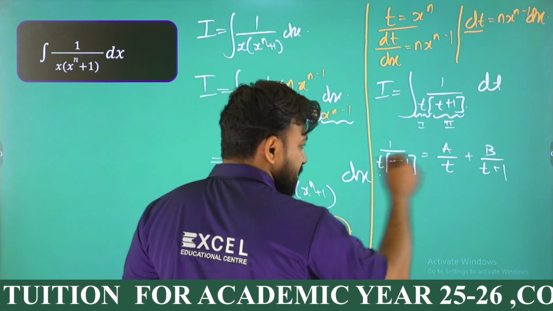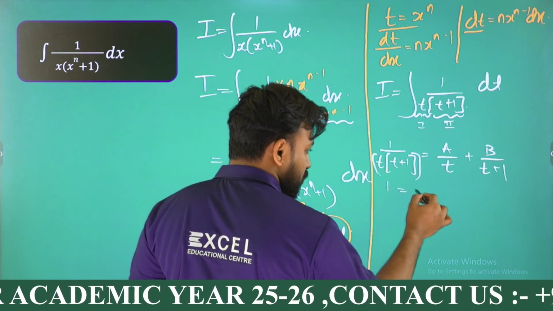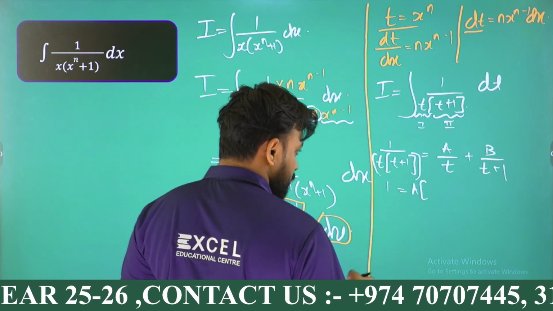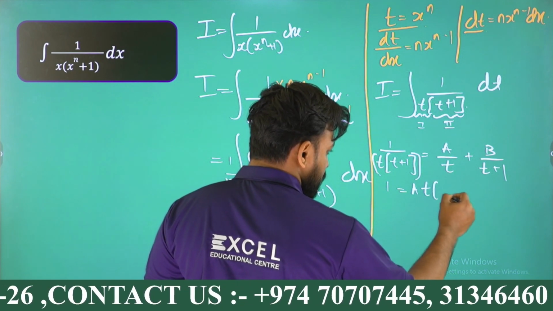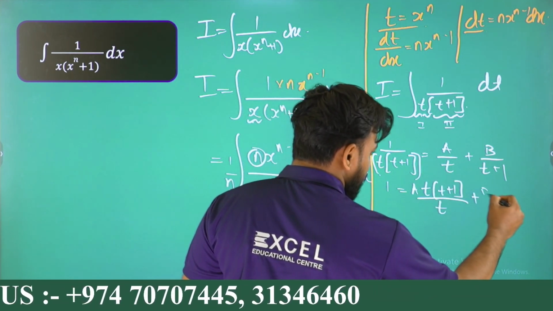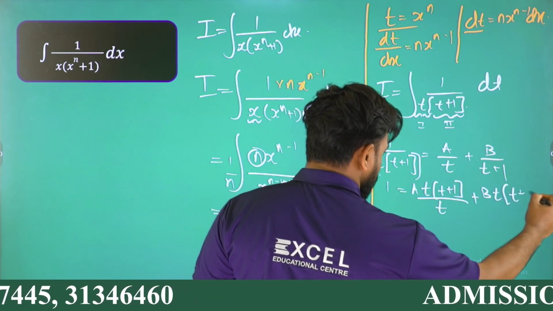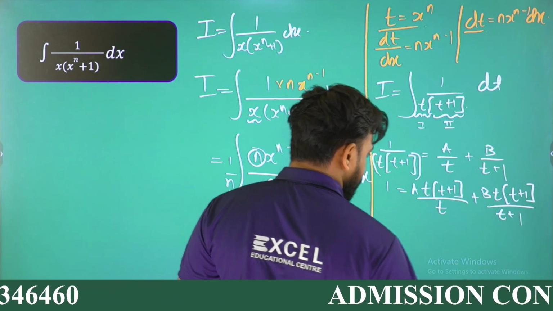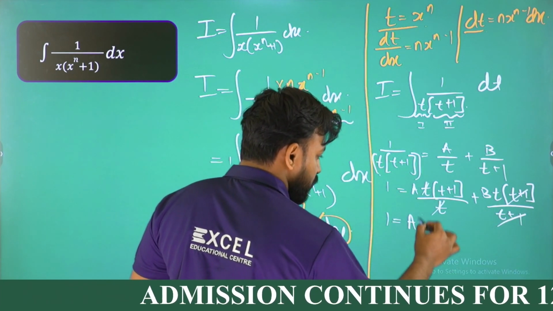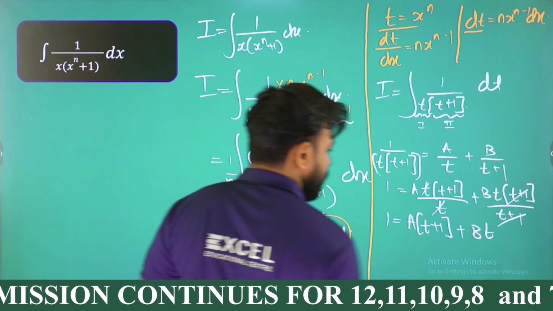So multiply this entire equation with the denominator of LHS. So you will get 1 is equal to a into t into t plus 1 all divided by t, b into t plus 1 all divided by t plus 1. We can cancel these two and these two, and a into t plus 1 plus b into t will be there.